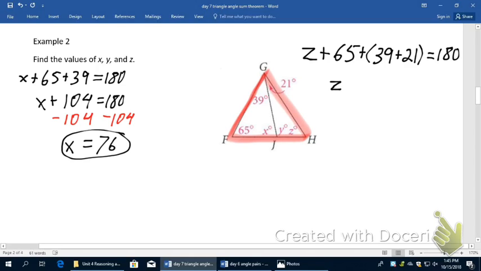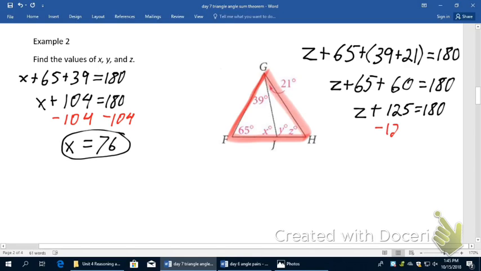So I'm going to have z plus 65 plus, now I'm going to add the 39 and 21 to get 60, equals 180 degrees, and I'm going to combine the 65 and 60 to be 125 and subtract the 125 from both sides. And 180 minus 125 is 55 degrees, so z is equal to 55.